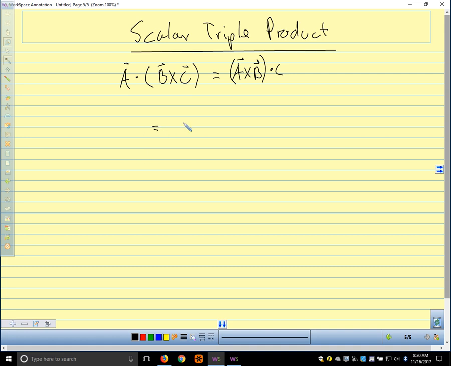We can calculate that by doing this determinant: A1, A2, A3, B1, B2, B3, C1, C2, C3. You calculate that 3 by 3 determinant, and that will give you the scalar triple product. So it's just a nice way to calculate it.